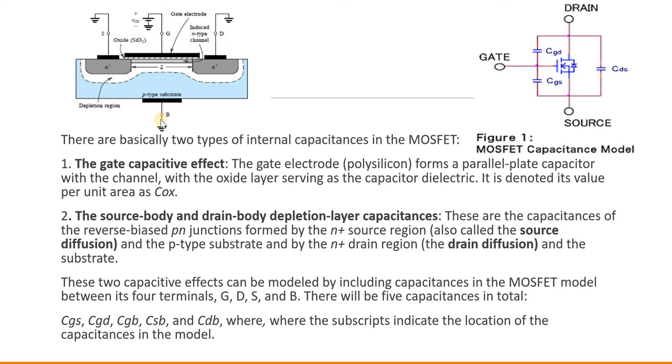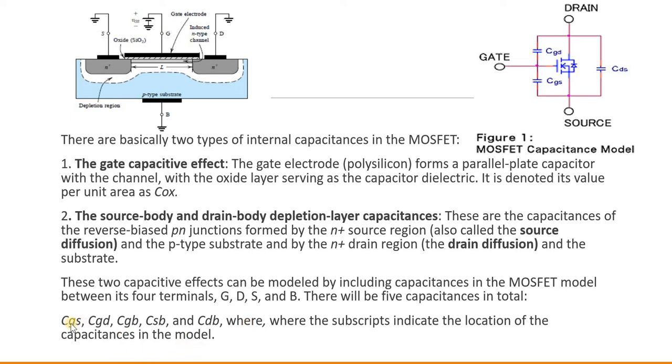There will be five capacitances in total: three because of the gate capacitive effect, CGS, CGD, CGB, that is gate-source, gate-drain, gate-body, and two because of the junction capacitive effect, CSB and CDB, source-body and drain-body. The subscripts indicate the location of the capacitance in the model.